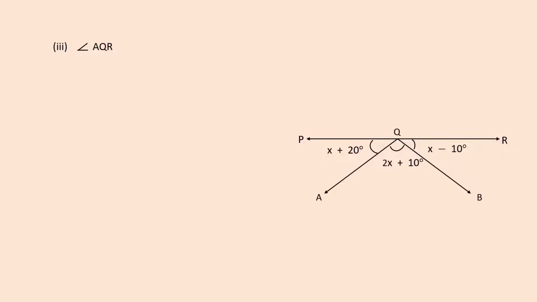Question 3. Angle AQR. So let's see where AQR is. We have A here, we have R here. So we are talking about this full angle AQR. Okay, now if you look carefully, angle AQR will be angle AQB plus angle BQR. So let's write that down. Angle AQB plus angle BQR.